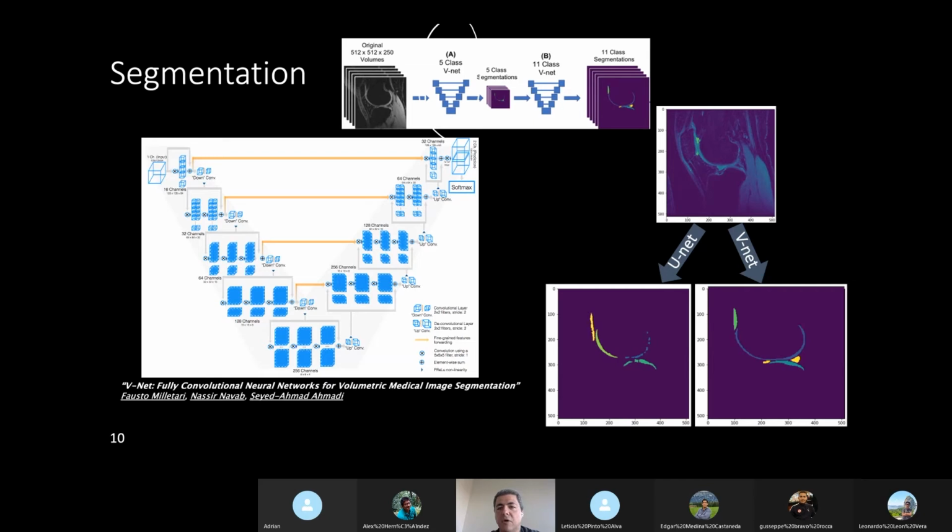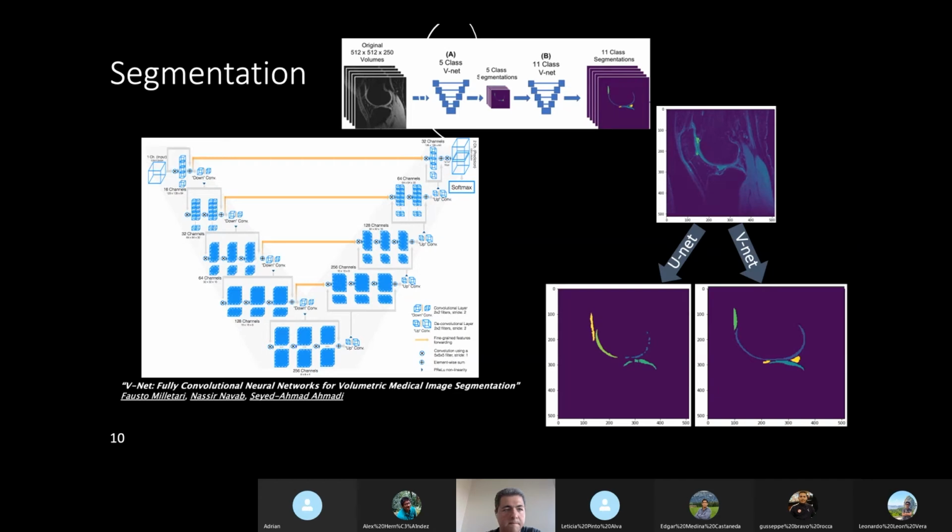The second architecture only reassigns the labels. It changes almost nothing of the pixel values. It maintains the segmentation of the first classes. It only reassigns the labels, so it's not just meniscus anymore. It's lateral posterior meniscus, medial anterior meniscus, lateral femur, medial femur, and so on.